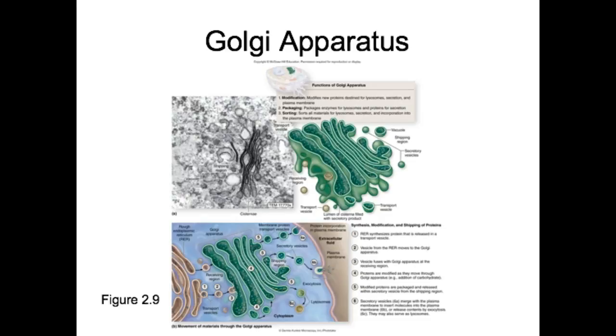So the Golgi apparatus is also all about proteins. In this case, we're going to package and modify those proteins. We're also going to transport them from our endoplasmic reticulum to the periphery of the cell, to that plasma membrane in many cases.